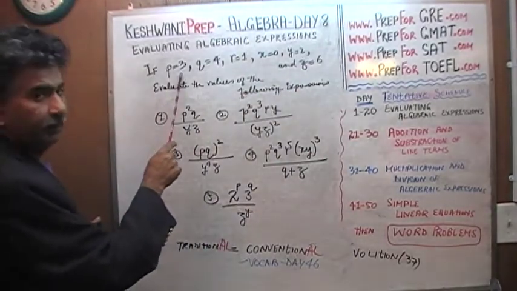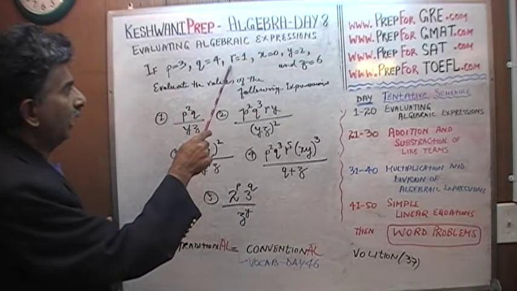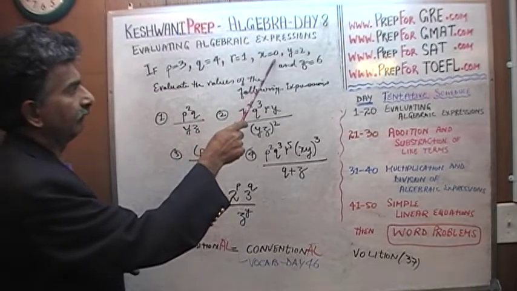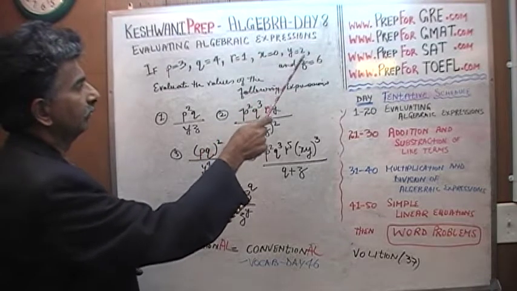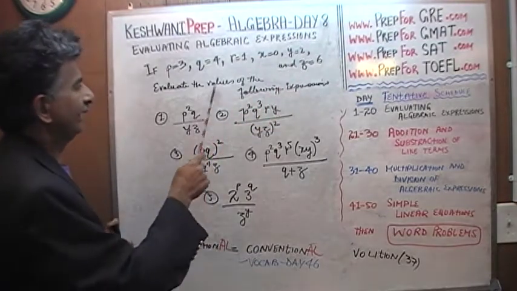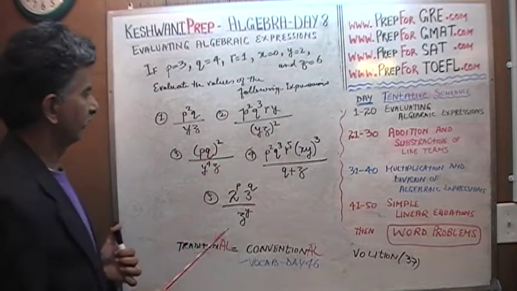If P equals 3, Q equals 4, R equals 1, X equals 0, very important, keep in mind X equals 0, Y equals 2 and Z equals 6, evaluate the values of the following expressions.